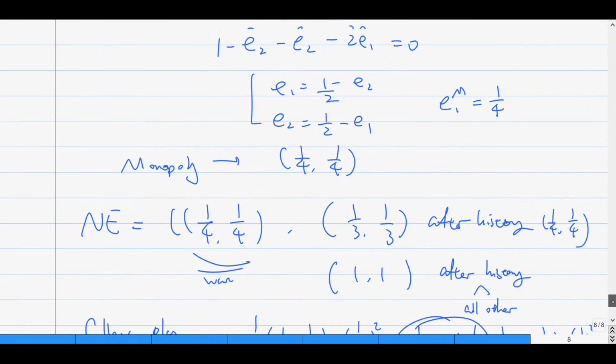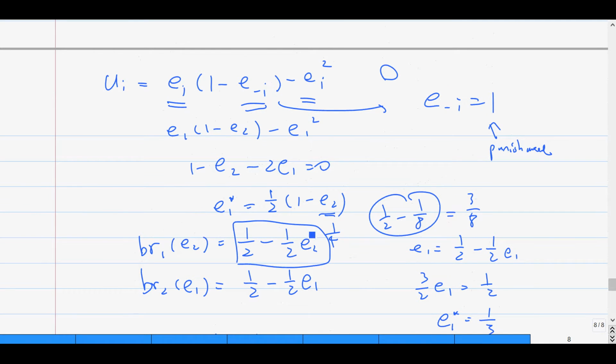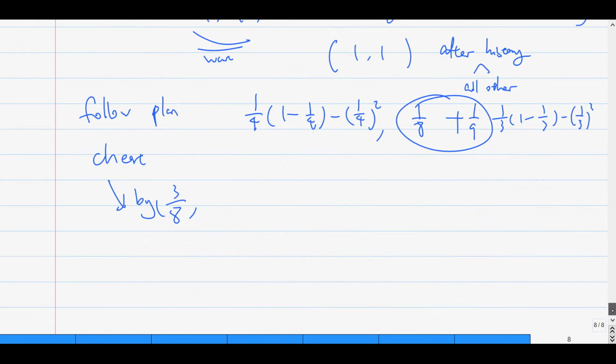In the second round, if the other guy chooses 1, what's my best response? I should choose 0. That's my best response to the other guy doing something stupid because he is trying to punish me. That's my optimal cheating plan.